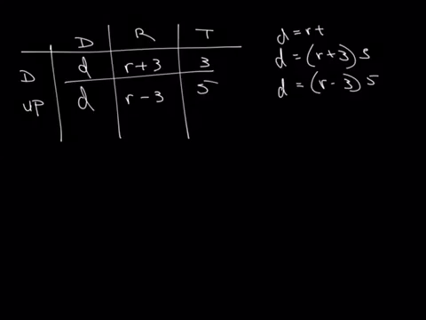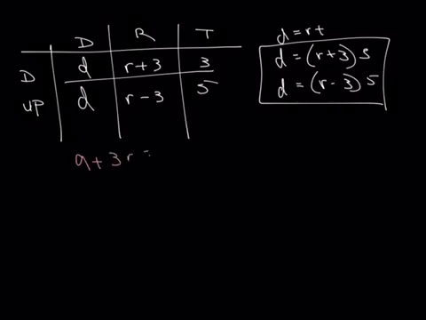Okay, so let's go ahead and simplify these a little bit, and we'll bring them down here and do them in red. So we have 9 plus 3R equals D, and 5 times negative 3 is negative 15 plus 5R equals D.